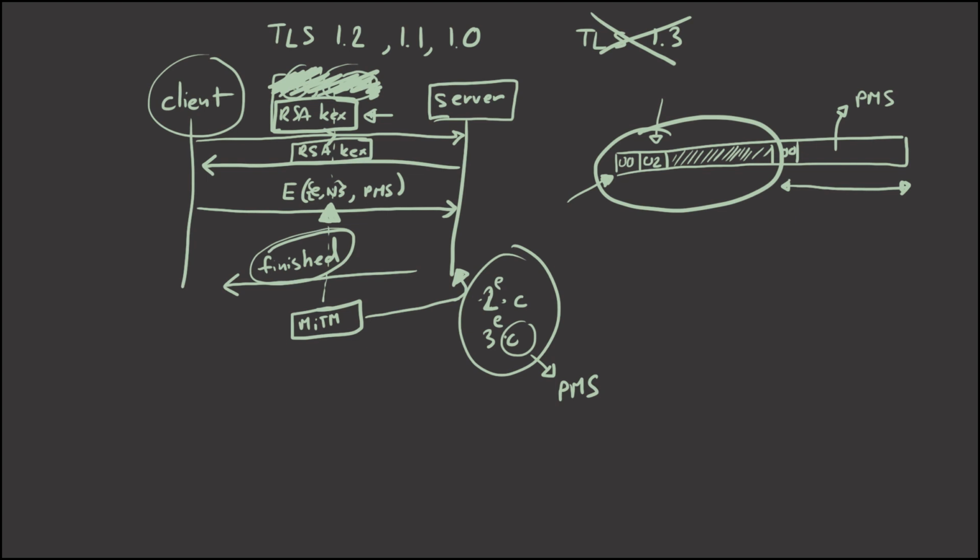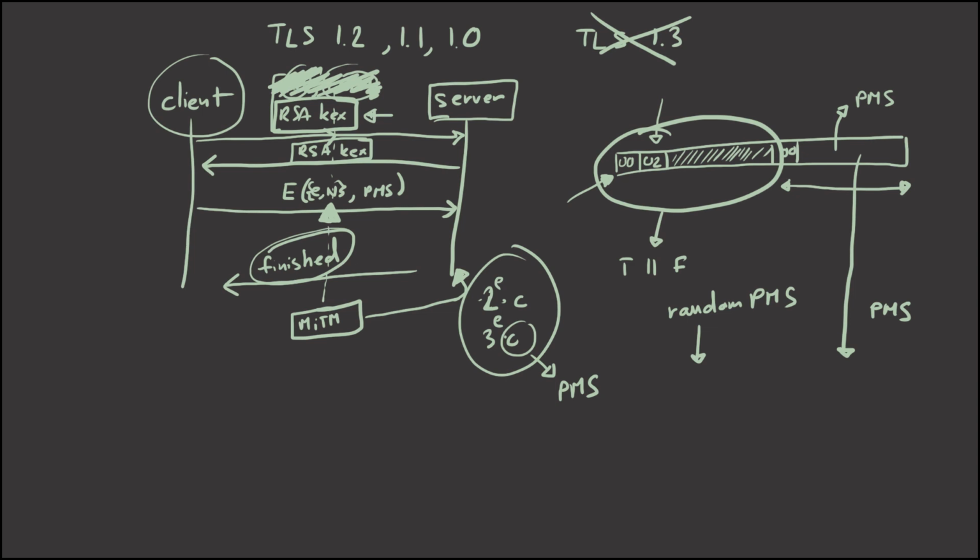At the end, even if this is incorrect, the server has to continue the handshake and pretend that everything is correct. To do that, the server always generates a random PMS. And depending on if this is correct or not, it will use the random PMS or the correct PMS.